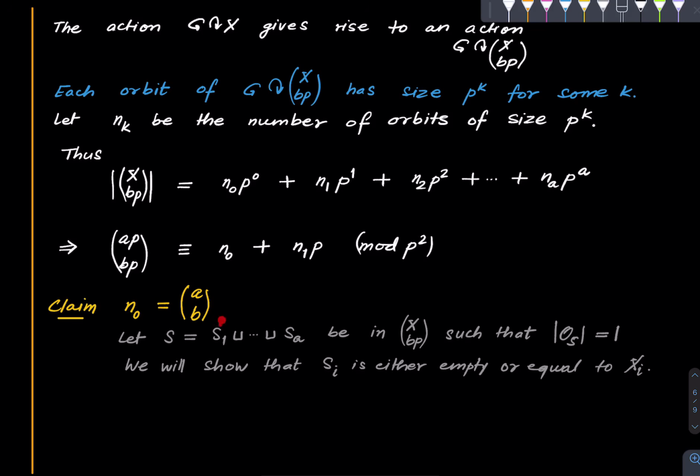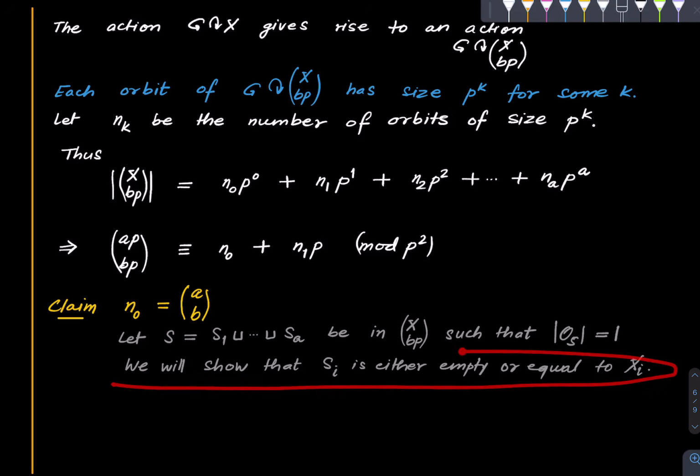So each of these, so S1 in particular is either equal to X1 or is empty, and so same for S2 and so on. And once we establish this particular line, it will be clear that n0 is indeed a choose b, because then how many such S's can you form? The S that we have to form has to have size bp, because the size of S has to be bp. It's an element of this after all.